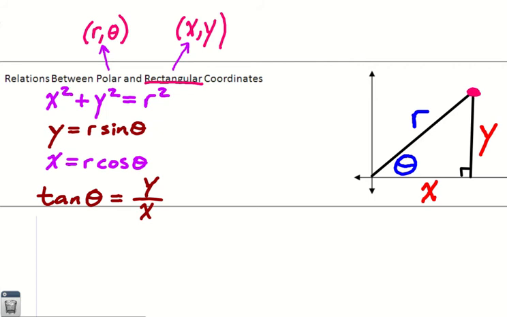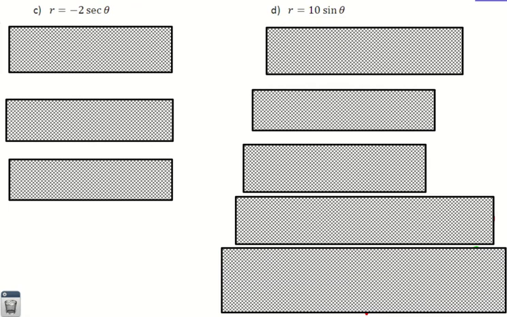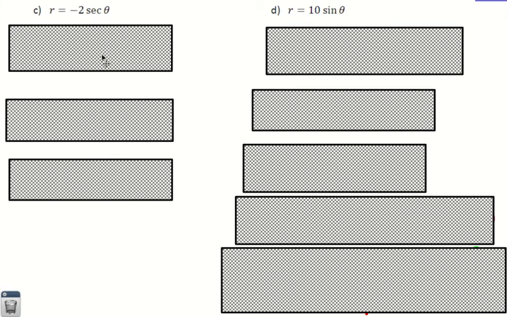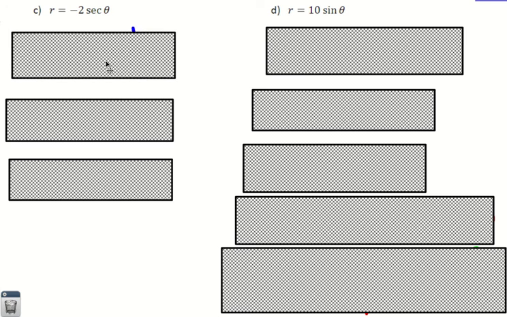What would I do with a secant squared? I would have an r squared on the left, and that would be good, but this would become +4, and you'd have a secant squared on the other side. So I don't know if I want to go there. What if I changed secant to something else? What could you change secant of theta into?